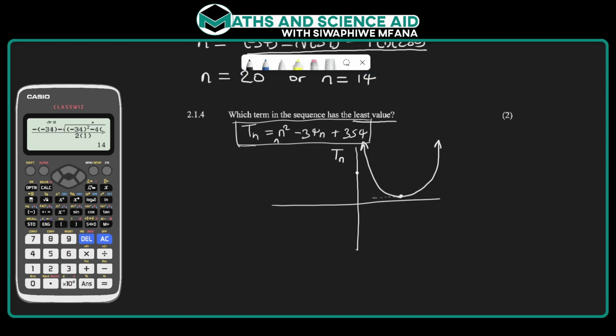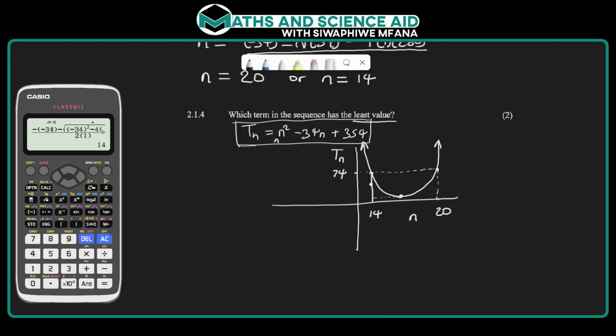So for example, if we were to say that 74 is about there, it means that we have got two terms, right? We have a term that has an n value of 14 and a term that has an n value of 20. And both of these are going to have a value of 74, right?